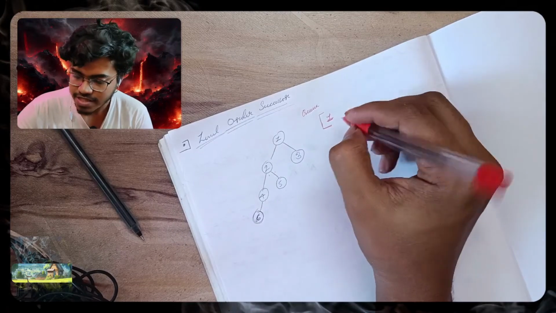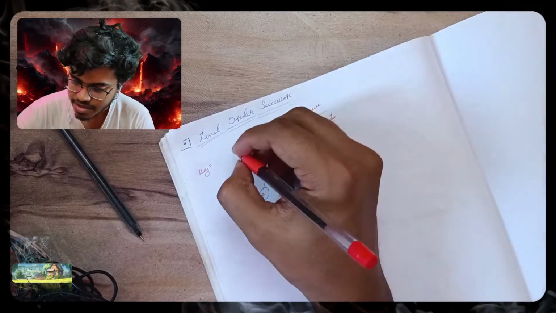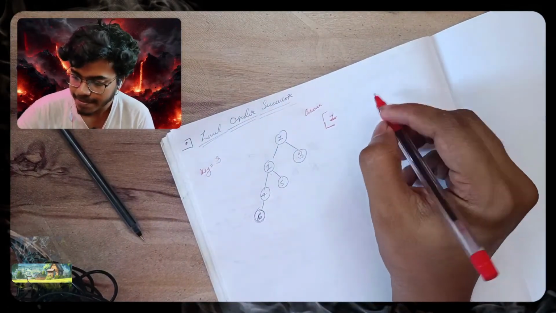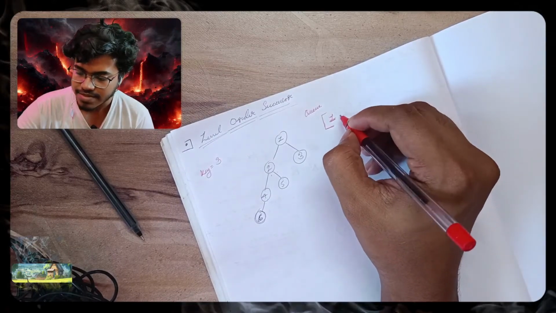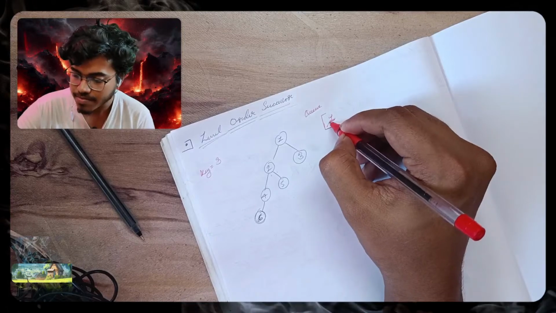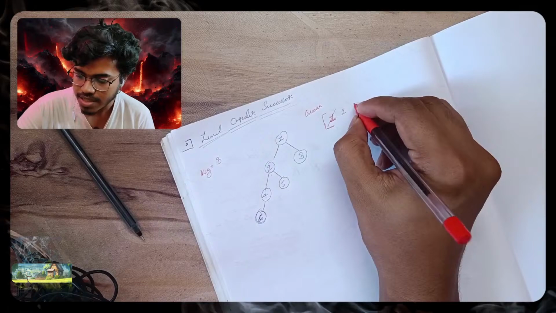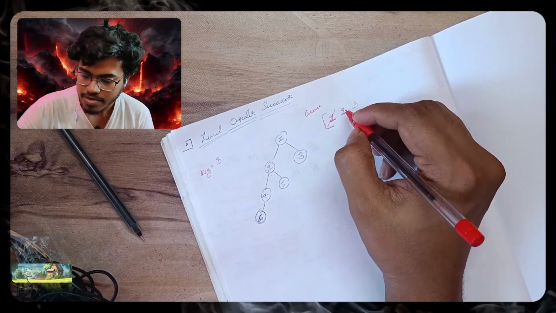Is it equal to the key? Key may be equal to 3 first. Is it equal to the key? It will say no, it is not. So it will pop it and insert its children over here, 2 and 3.